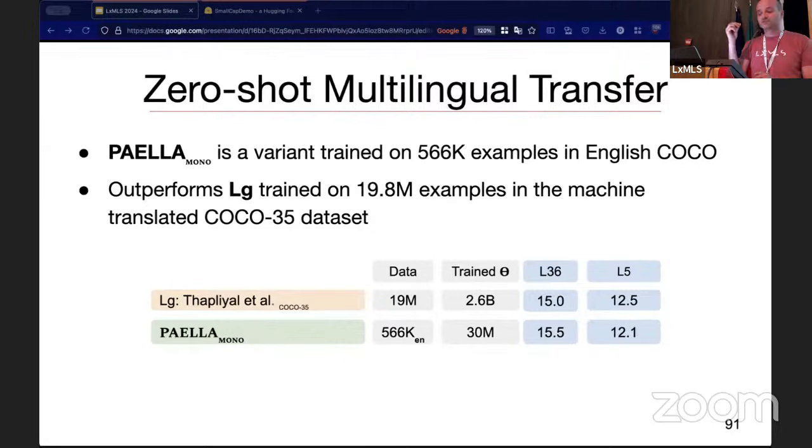In the paper, there are also some more details on what happens if you train on different languages as your monolingual language. It turns out Danish is the worst language to train on, which causes me a lot of anxiety as somebody in Denmark. Danish really breaks every other language we evaluate on.